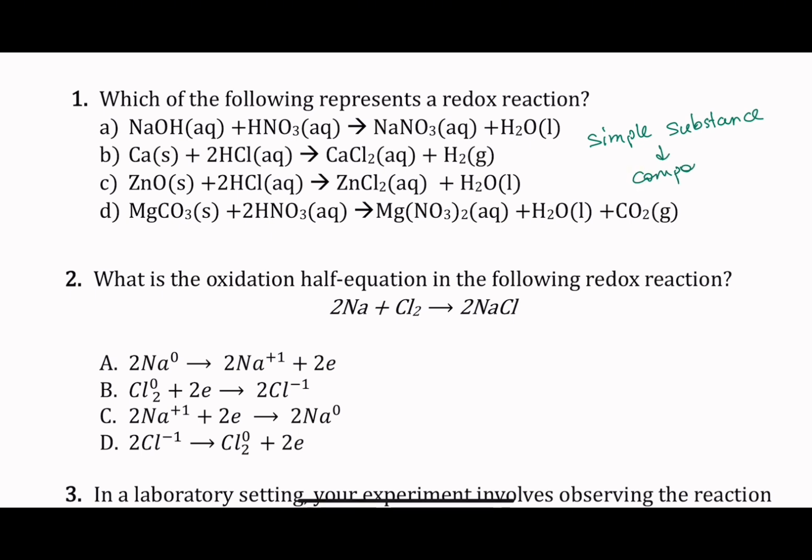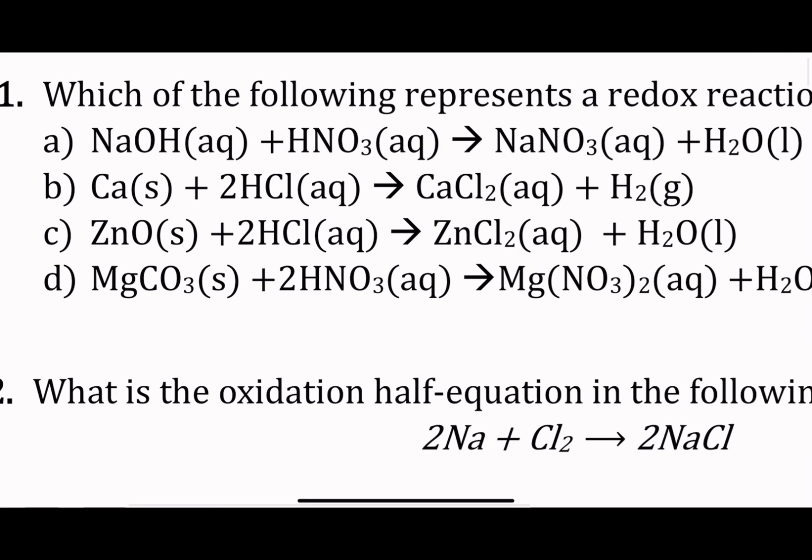Because we know that a simple substance, such as just the element by itself, in here we have calcium, has a zero charge, and when it gives a compound, it needs to have a certain charge, right? So right away from here, I can see that this is plus 2 and this is 0, and then from here, hydrogen made a simple substance from an actual compound.